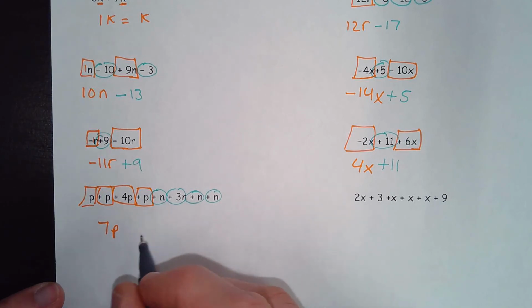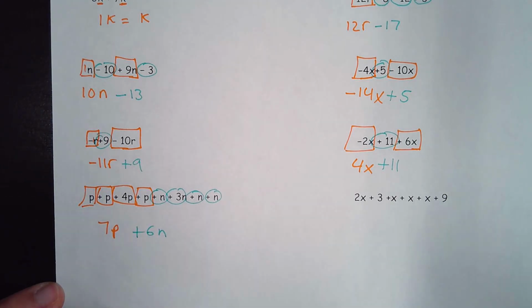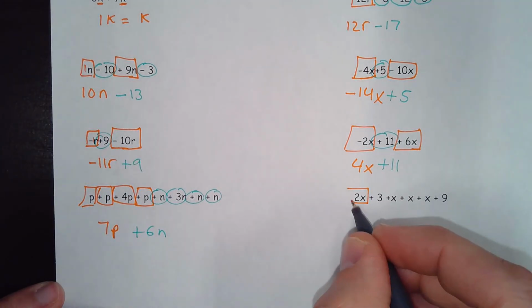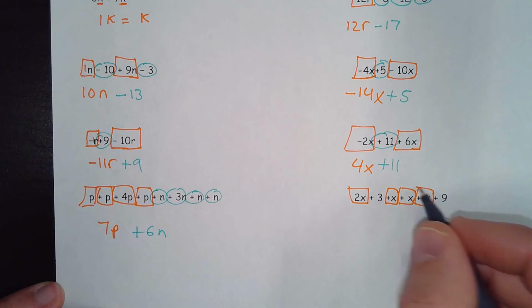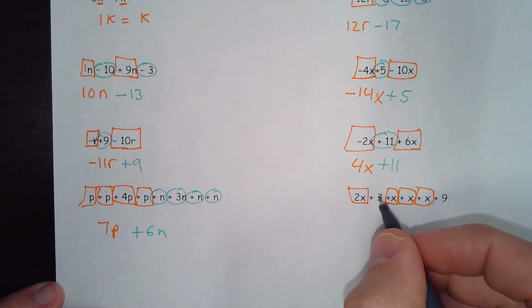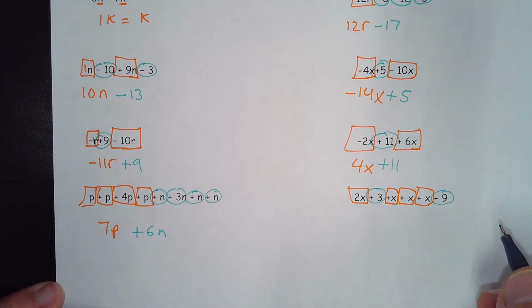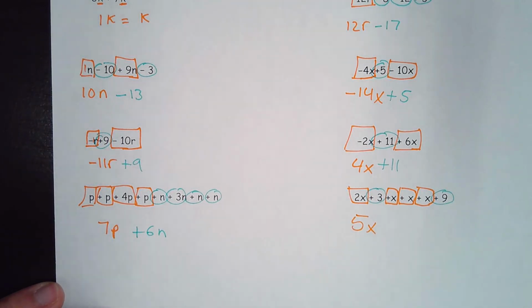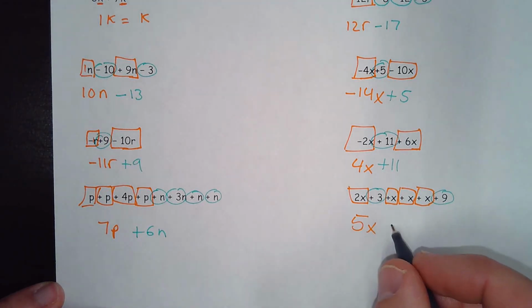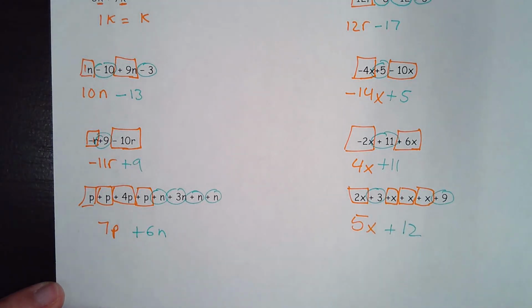N is 3 plus 3, 6n. And then 2x, x, x, x, so we have 2, 3, 4, 5x, and plus 12.